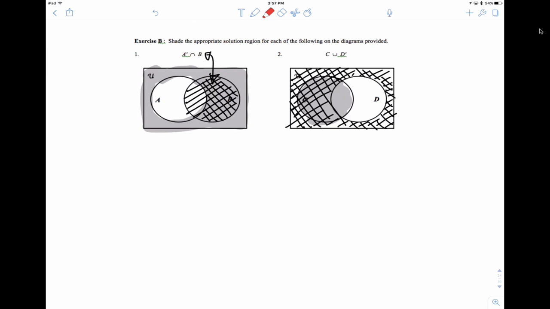Union now is what we're looking for, so I'm going to try to draw this with a color pencil. Union is everything.